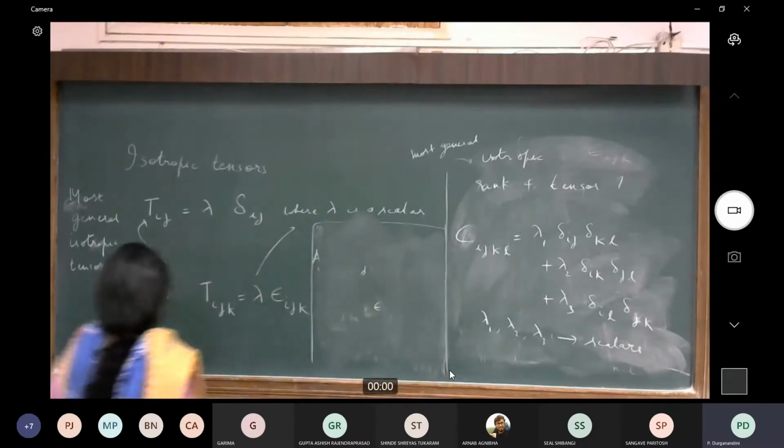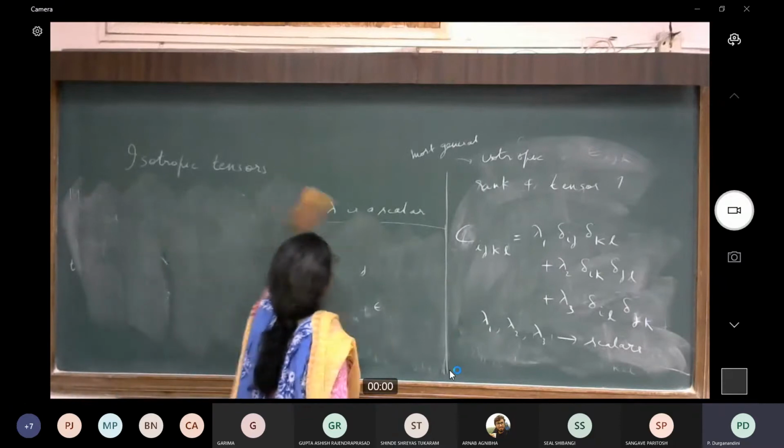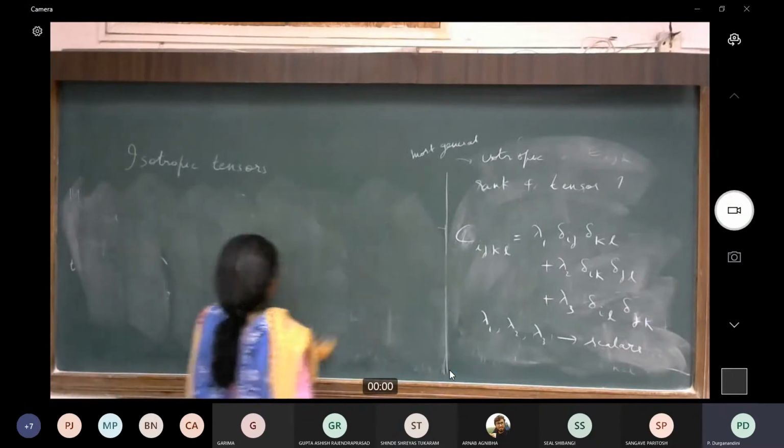Now I'm going to do something. Yesterday I showed you an identity, and now we will use tensorial arguments to prove that identity.